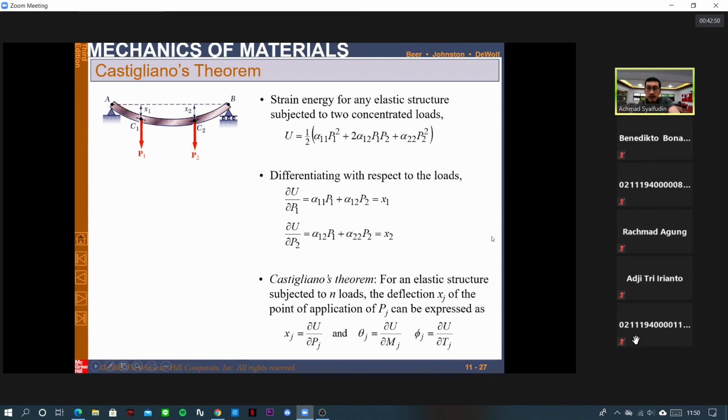You can see here the Castigliano theorem for an elastic structure subjected to several loads, one or more. So this is the deflection, and this is the angle or rotation.